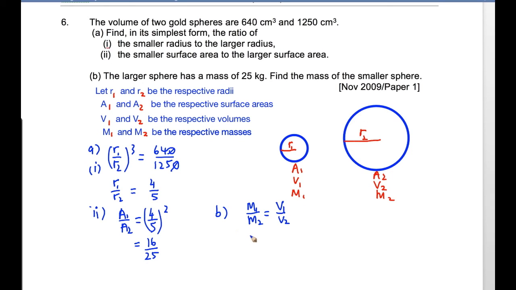Therefore, if the larger mass is 25 kilograms, and the ratio of the volumes is found by taking the ratio of a corresponding length cubed, we can find the required mass, which is 12.8 kilograms.